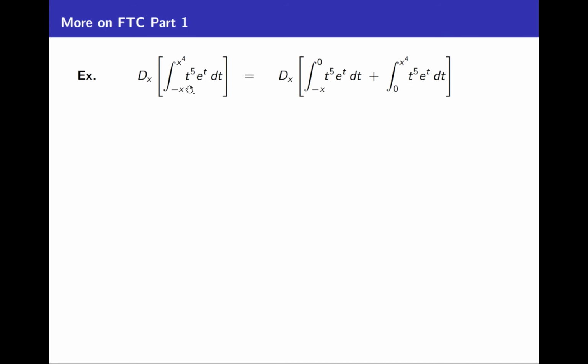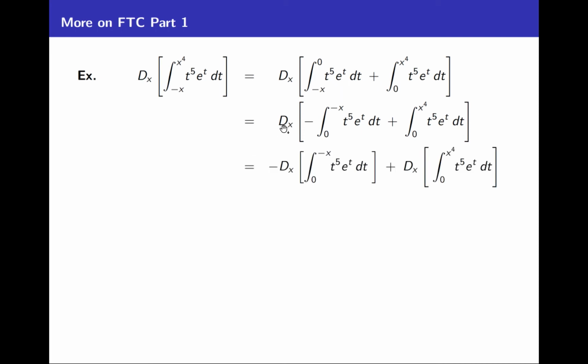Remember that definite integral rule? Well, once we've broken it up this way, we have a constant in the limits of integration. And this is beginning to look like something that we could handle as in the previous example. In fact, this limit of integration at the top here, we want that at the bottom, so we can interchange the negative x and the 0 and put a negative in front of that integral.